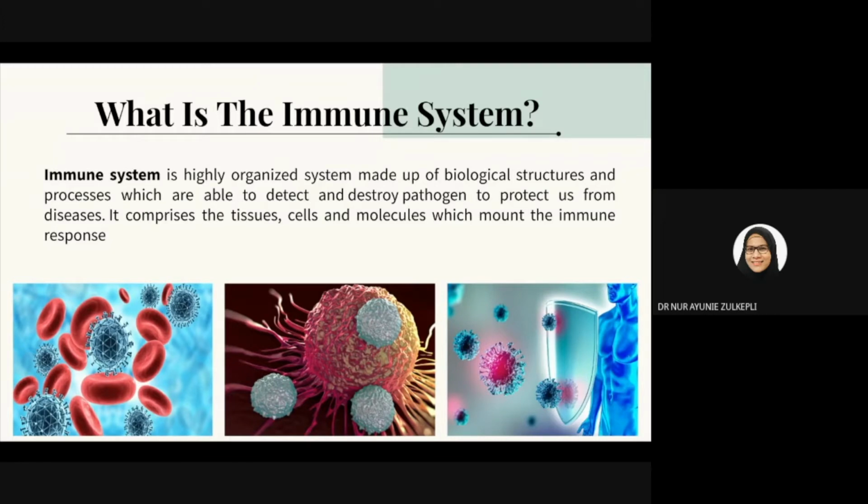Okay, it is a compartmentalized system, which has its own structure, its own process, and it functions to protect us from any foreign particle that will cause disease or illness to us.